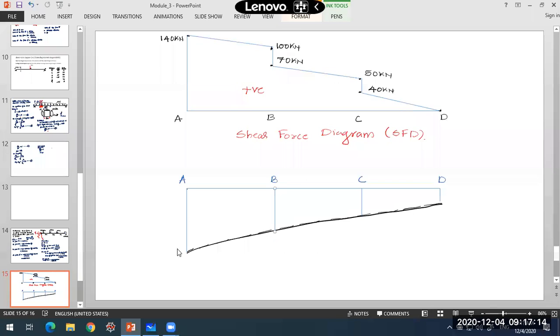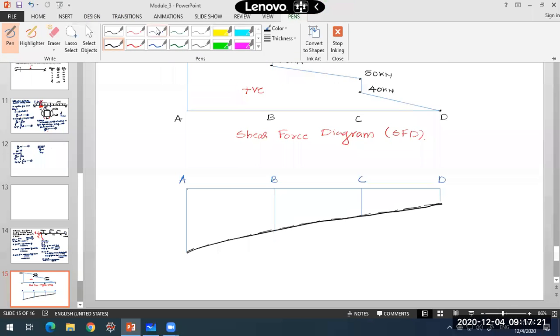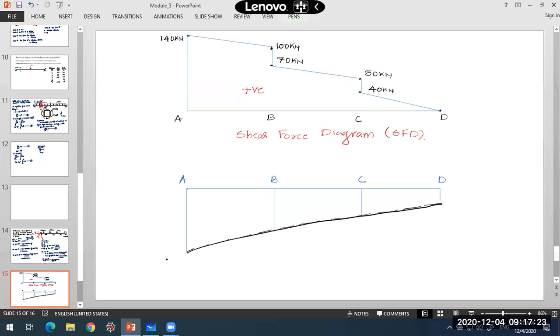Okay, so it will be like this, a curved line. The values are 380 kilonewton meter here, 140 kilonewton meter, 80 kilonewton meter, and this was 40 kilonewton meter.